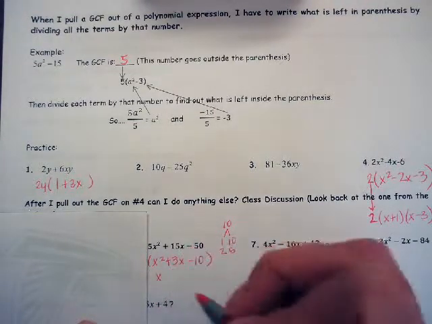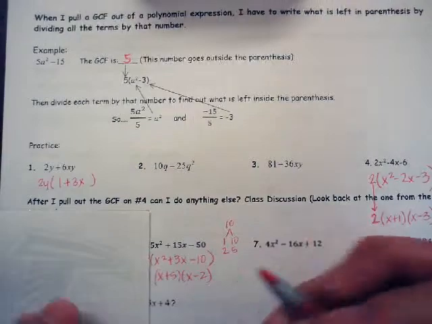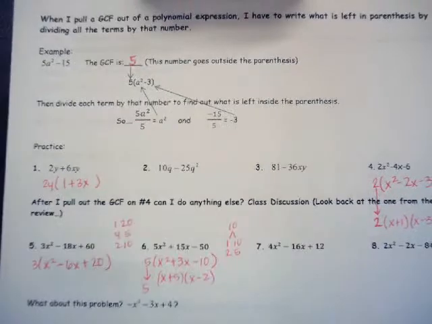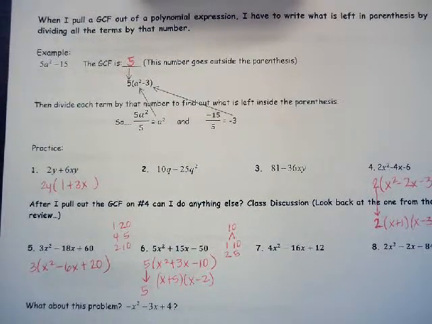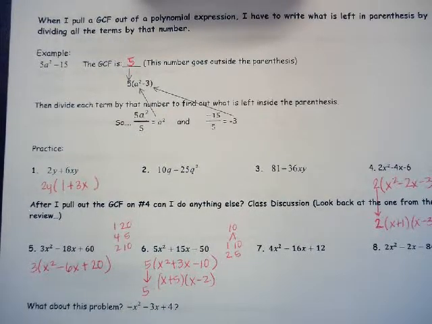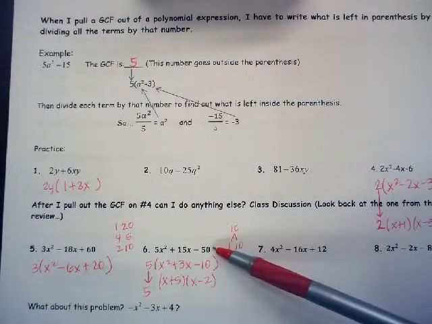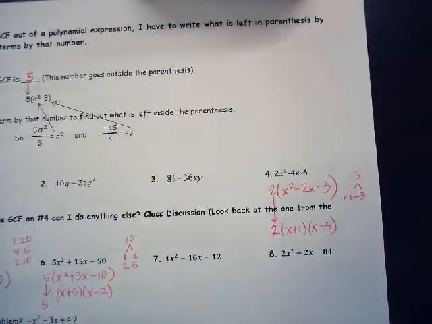So that would be x plus 5, x minus 2, and then our friend, even though it's a little lower here, is still multiplied out front. Now I can FOIL this all out and double check that I get back to there. I can distribute my 5 and then FOIL it, or I can FOIL these 2 and then times by 5. Either way, I will get back to this answer. So it still works.